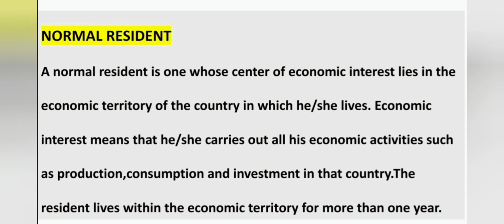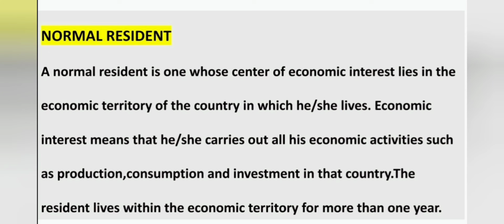A person becomes a national of a country because he was born in the country or on the basis of some other legal criterion. A person is treated resident of a country on the basis of economic criterion. It is not necessary that a resident must also be the national of that country. Even foreigners can be the residents if they pass the above stated economic criterion.